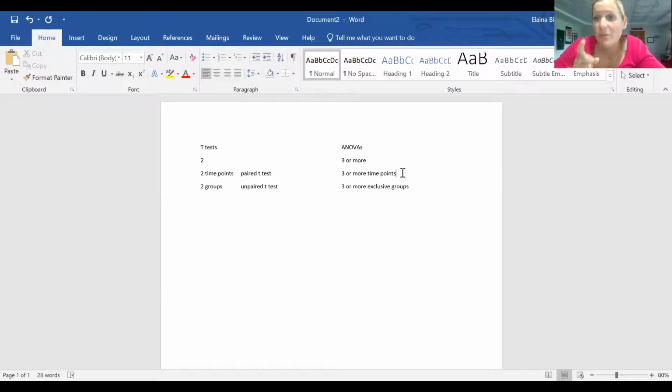I'm going to see what their GPA is at the end of their freshman year, then wait until the end of their sophomore year, then the end of their junior year, and then the end of their senior year. So I'm following the same group over time. Lots of times this is going to be a longitudinal study, and this is known as a repeated measures ANOVA.